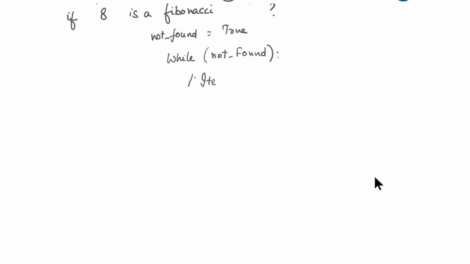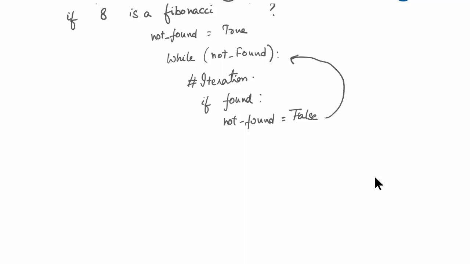I'm not writing the code here, but you just do the iteration. And if you find that number, then you set not_found to be equal to false. And then the next time the iteration goes to the while loop for checking, it will find out that not_found is false, and then it exits the while loop. So this is one way of breaking the while loop.